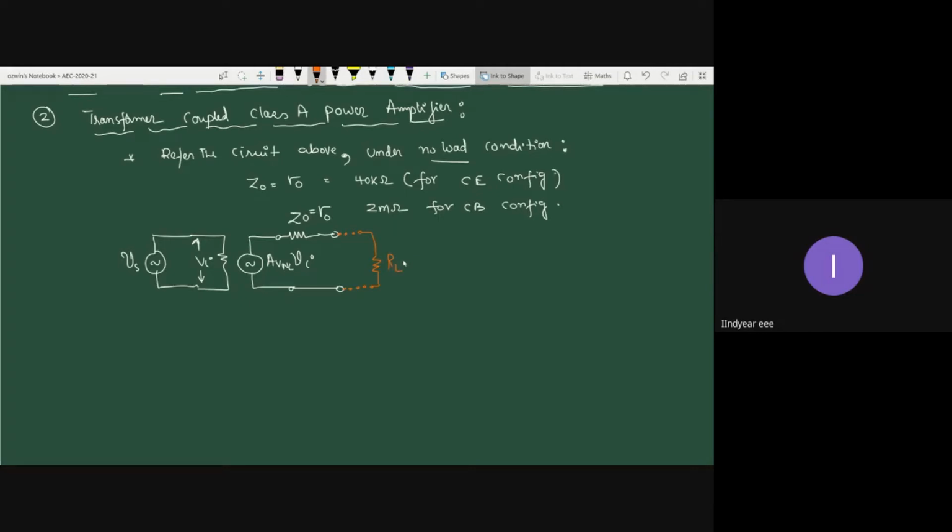Whatever it is, the headphone will have an impedance in the range of a few tens of ohms. However, the output impedance of the amplifier is in the range of 40 kilo ohms. So source impedance is 40 kilo ohm, load impedance is about 10 ohm.